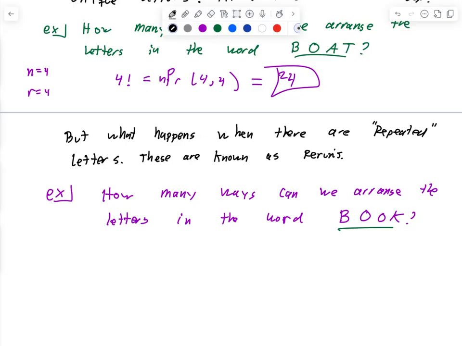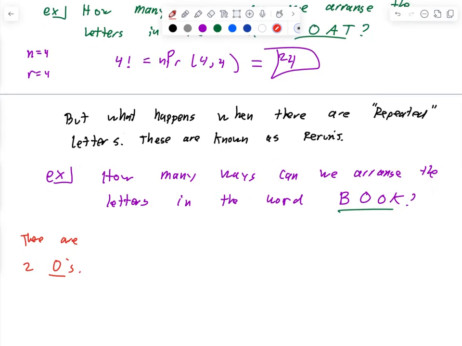So the answer, there are two O's. And to do that, all we need to do is divide by the possible words created from the repeats.